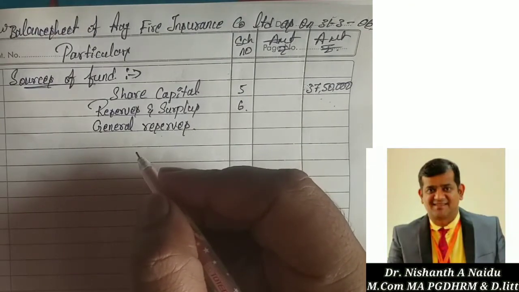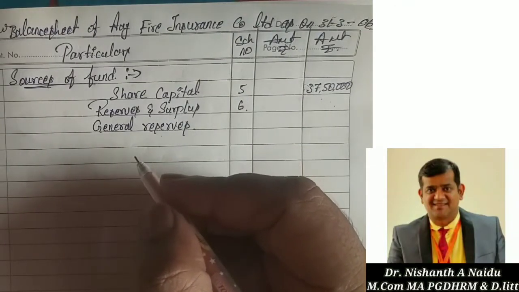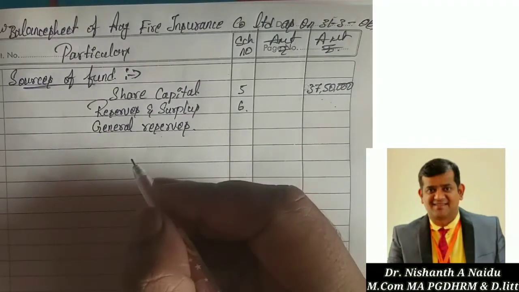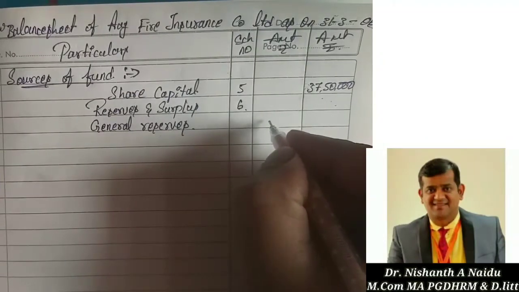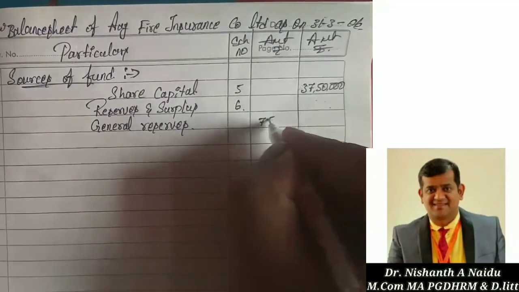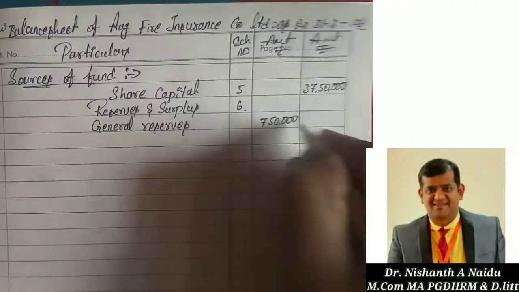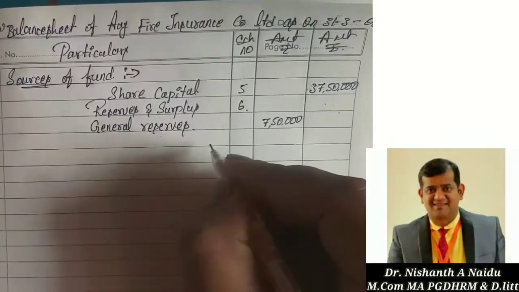General reserves 7,50,000 rupees, the second item from last, exactly below equity share capital. So I'm writing that as 7,50,000 directly in the inner column.